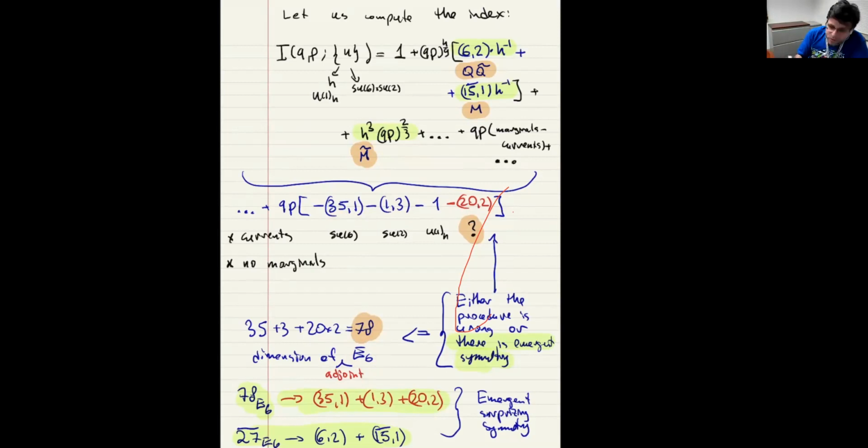And in terms of decomposing the adjoint representation into representations of SU6 times SU2, you exactly get the adjoint of SU6, the adjoint of SU2, and then this 20 2 representation of SU6, SU2. So a natural interpretation of this combination is as conserved currents of the E6 symmetry. Okay. So if we identified the superconformal R symmetry correctly, what this term in the index tells us is that in the infrared fixed point, the symmetry is enhancing to an E6 symmetry times U1. Okay, this U1 just comes on the right.